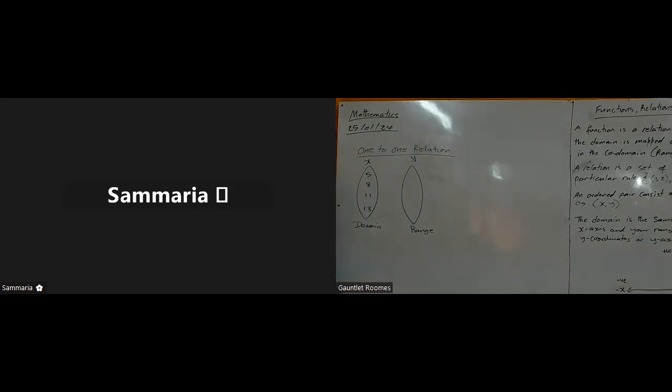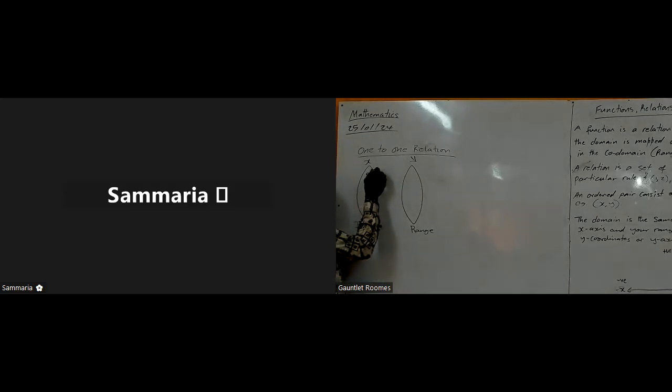So these are your x coordinates. Domain, same as saying your x coordinates. So it is always given, even when given a graph or in table form, they always give you the domain every time.